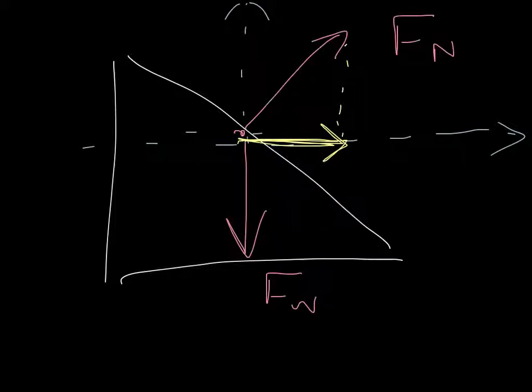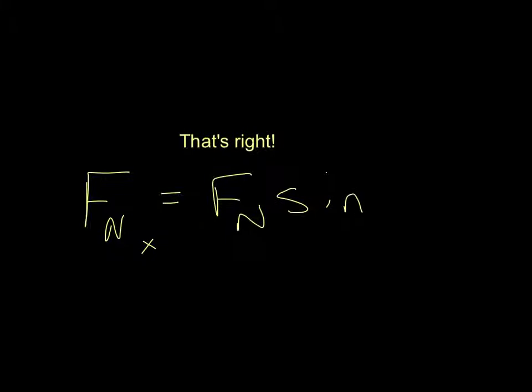If the y component was equal to Fn cosine theta, what do you think the magnitude of the x component is going to be? That's right. The magnitude of the x component has got to be Fnx must equal Fn times sine theta.